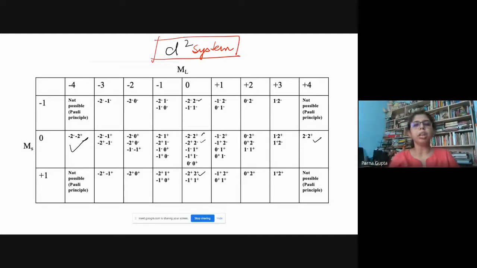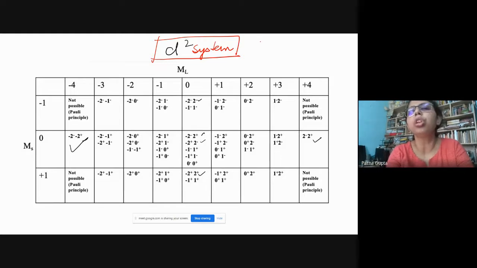Last day you learned how to draw it, so it would be like this. My request is that as you learned it last day, once the class is over, please check, and if you disagree in any case, please let me know and I shall explain. But this is the way we can write it.